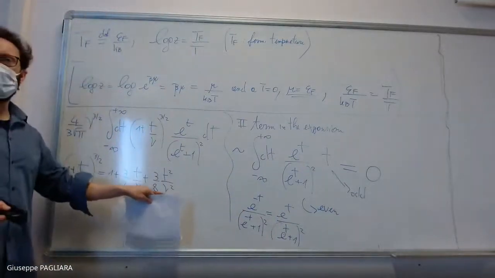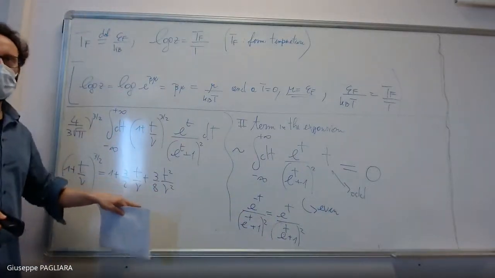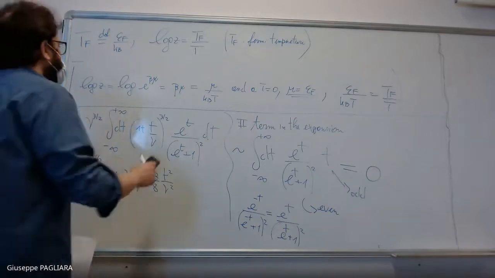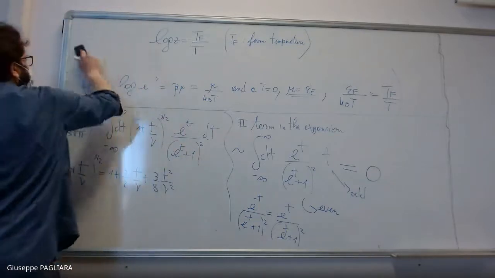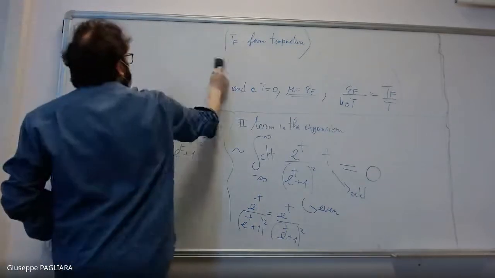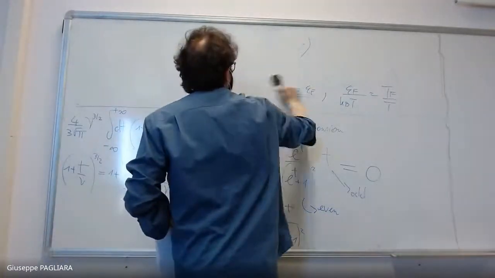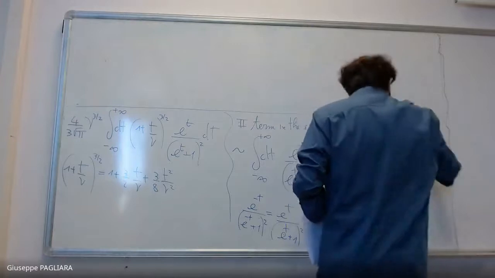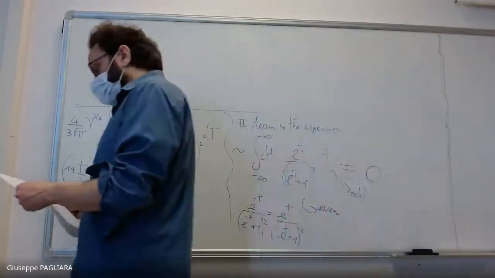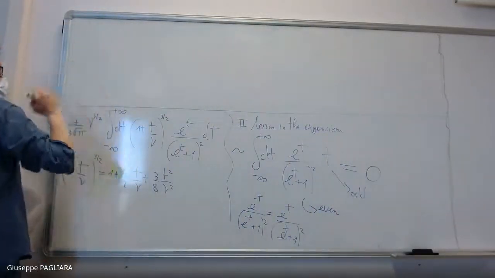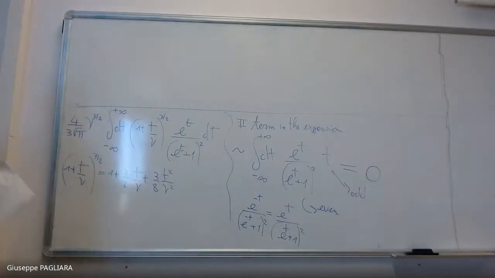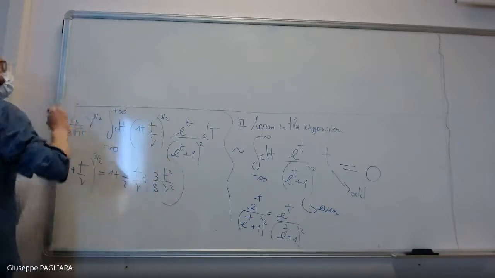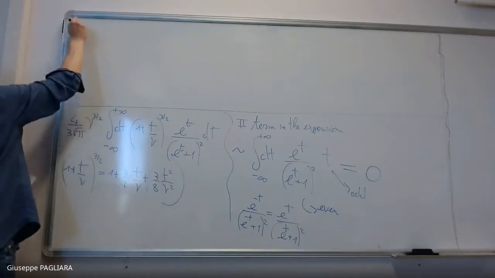Therefore, we have to go to the second order now in t squared, which is the third term in the expansion, and we will stop there. So let's go to the third term of the expansion.